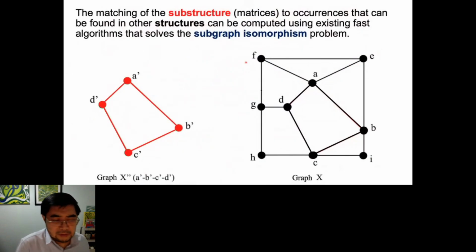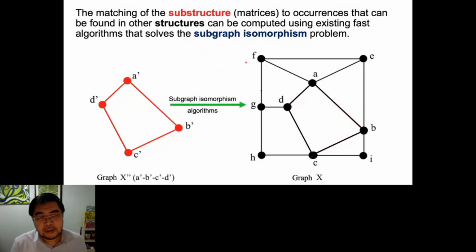So in many of the cases that I'm going to be talking about, these algorithms use an existing algorithm, and it solves the subgraph isomorphism problem. Although in some cases we solve the maximum clique searching problem. And there are actually very fast subgraph isomorphism searching algorithms available.